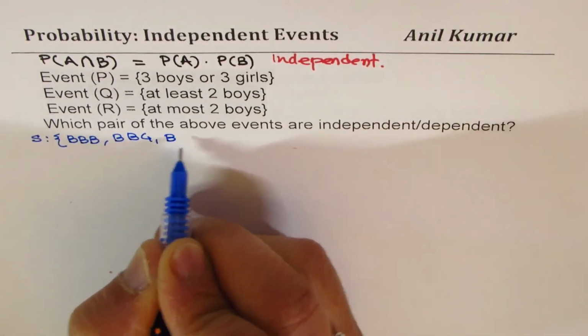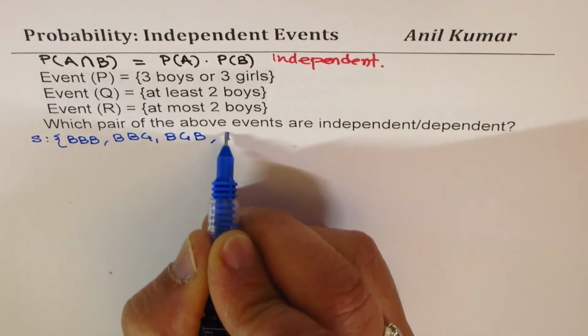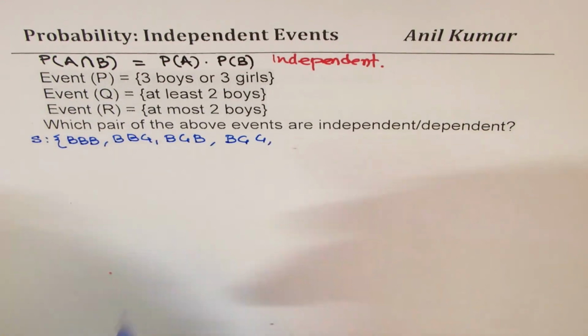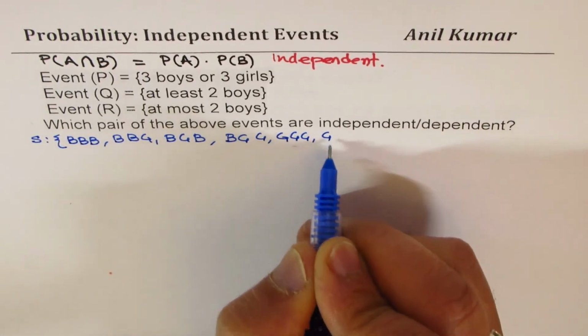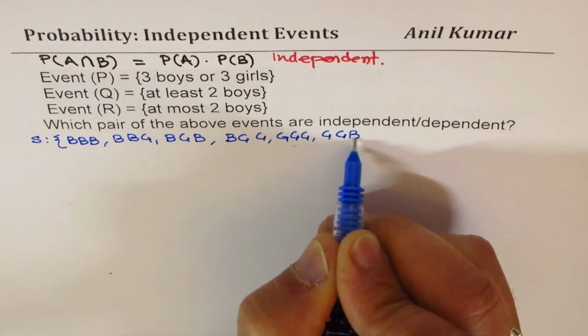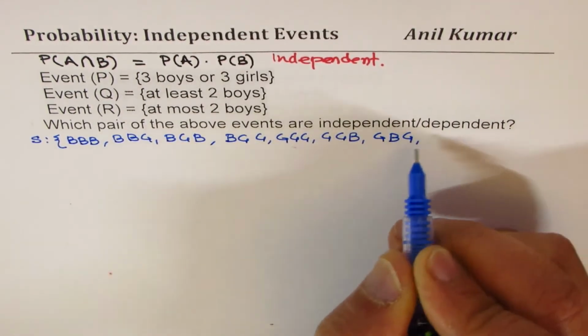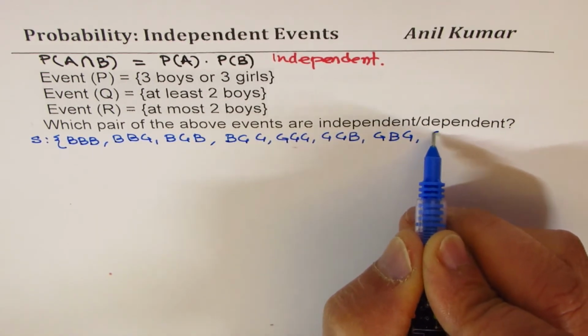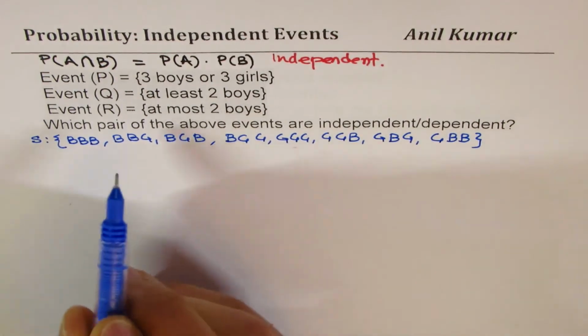We could have boy, girl, boy. We could have boy, girl, girl, right? So beginning with girls, all 3 girls could be there. And we could have girl, girl, boy. Or we could have girl, boy, girl. Or it could be girl, boy, boy, right? So that gives you 8 combinations.